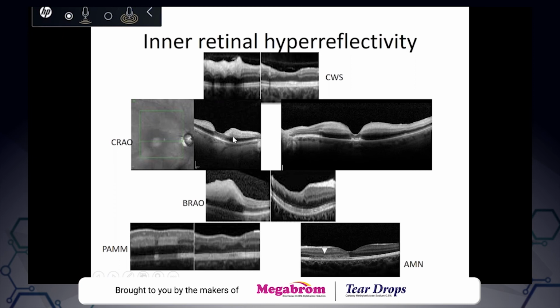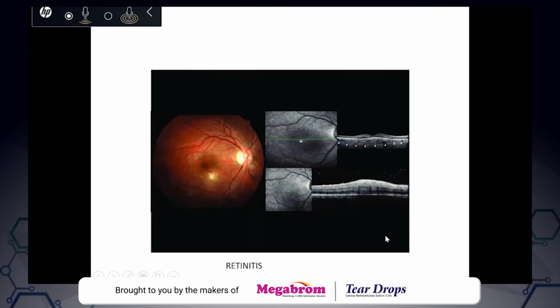This is up to the outer plexiform layer, but limited in the center part. So it is paracentral acute middle maculopathy. But this is beyond the outer plexiform layer, actually in the outer retina. So again, a hyperreflectivity. I included it here because this will make you remember everything together. This is actually the acute macular neuroretinopathy. Again, the patient will present with the scotoma.